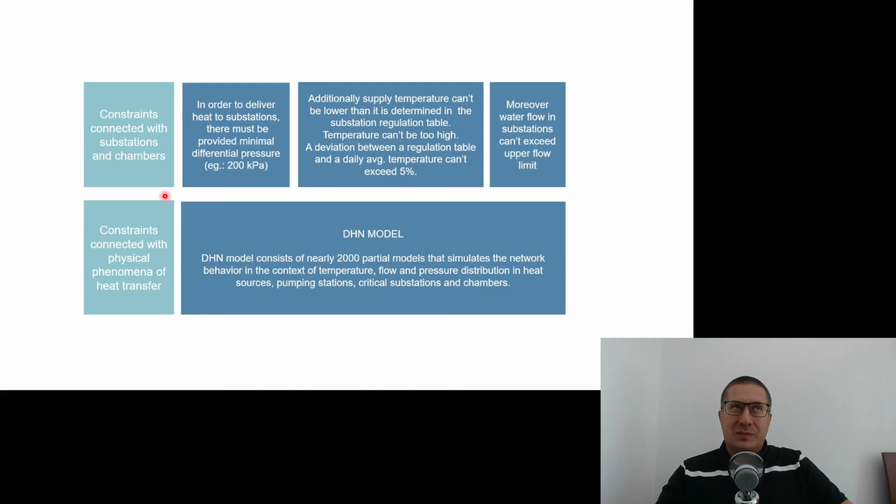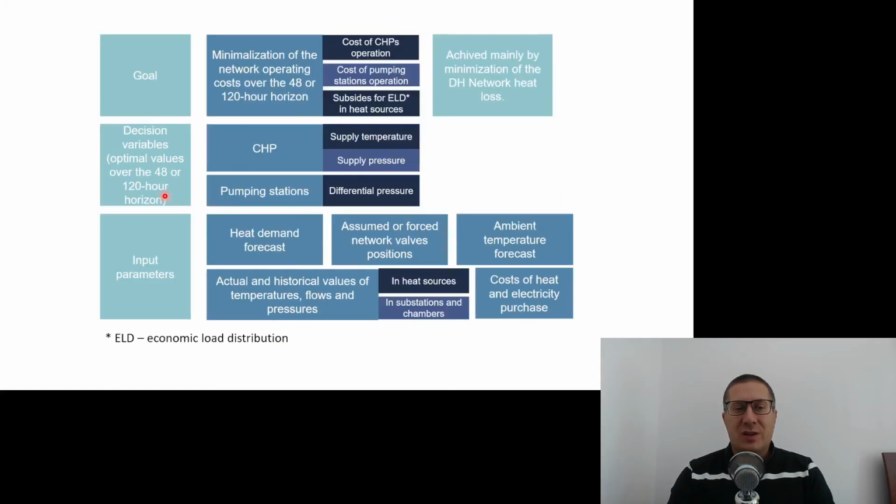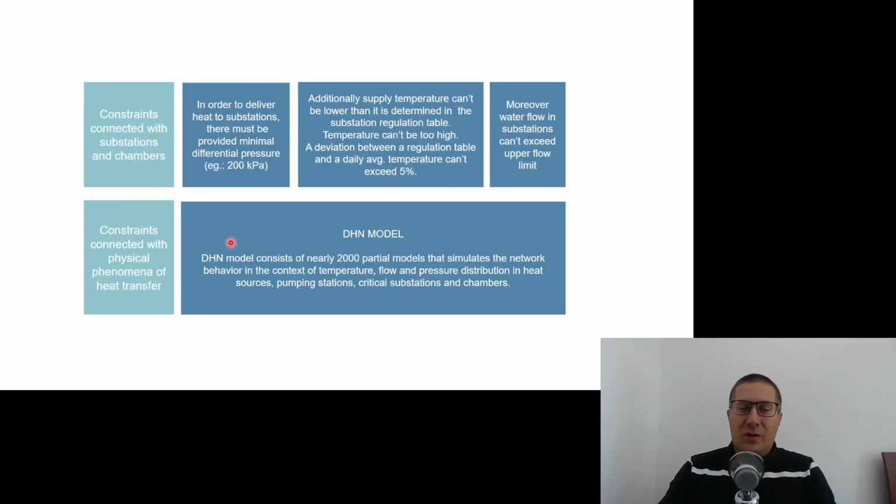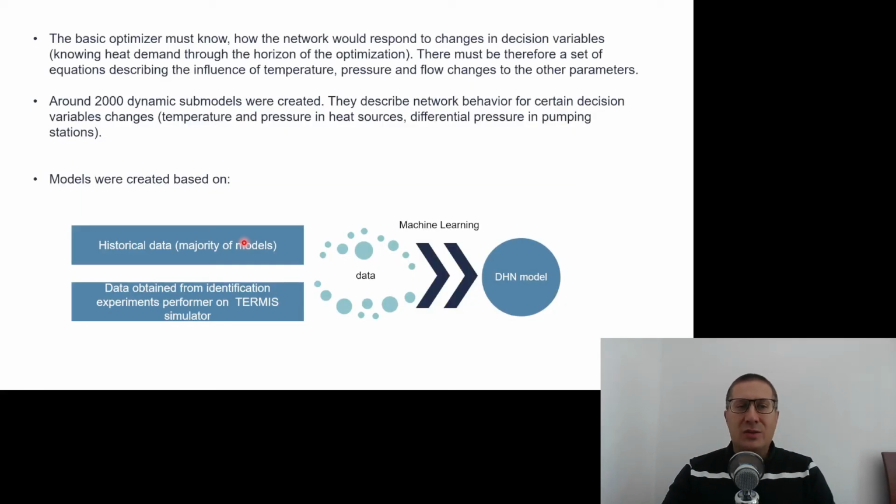So how to create a model of a district heating network that will cover all those decision variables, all those constraints, and our goals? On one hand, we can use the simulator of a network. There is such a thermodynamic simulator that can be used.